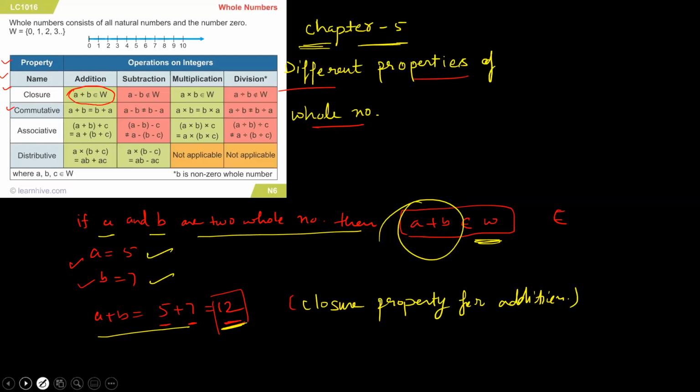Let's discuss this. For example, question number 1 says 5 plus 10 is equal to 15. Which property is this? The question can ask you which property this is.